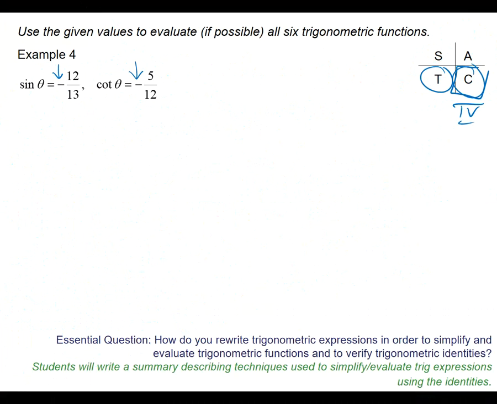At least there's no square roots right now, right? What do we get for free on this awful sine? Cosecant. So we're going to flip that one for cosecant, so negative 15 over 12. What do we get for free from cotangent? Tangent. Now we're going to flip that, we get negative 12 over 5.